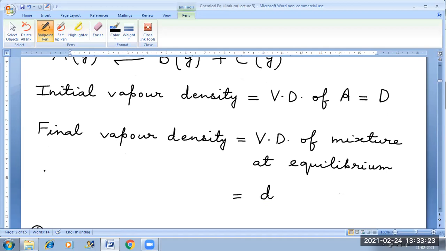What is degree of dissociation? Alpha is the notation. How do you define degree of dissociation? It's a ratio. So what is there in the numerator?